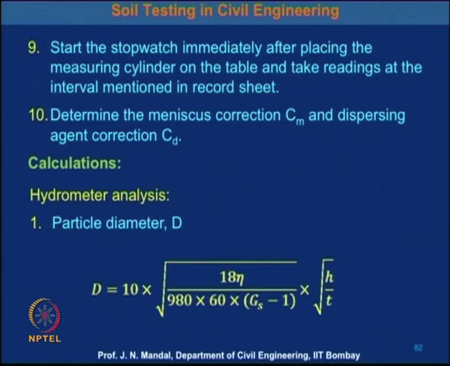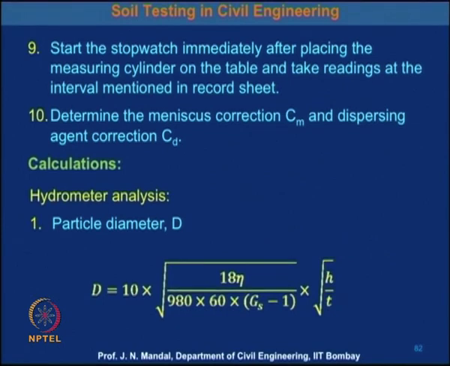Then determine the meniscus correction, which I explained earlier, that is Cm, and then also determine the dispersing agent correction, that is Cd. Now you have to calculate the particle size diameter.